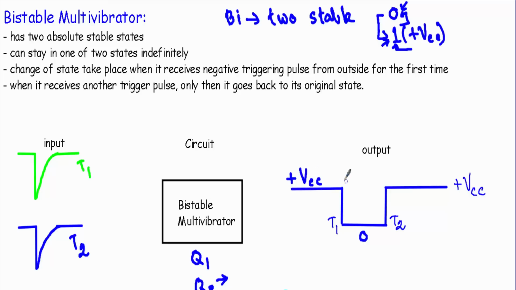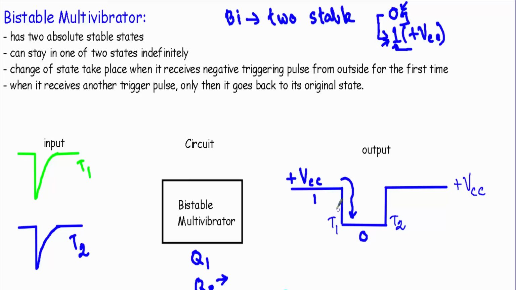That means the output will stay at this plus VCC level forever if I don't apply any external triggering pulse. Now let's say at this instant I apply the negative triggering pulse T1 here, and our output will now have a transition from logic 1 to logic 0.